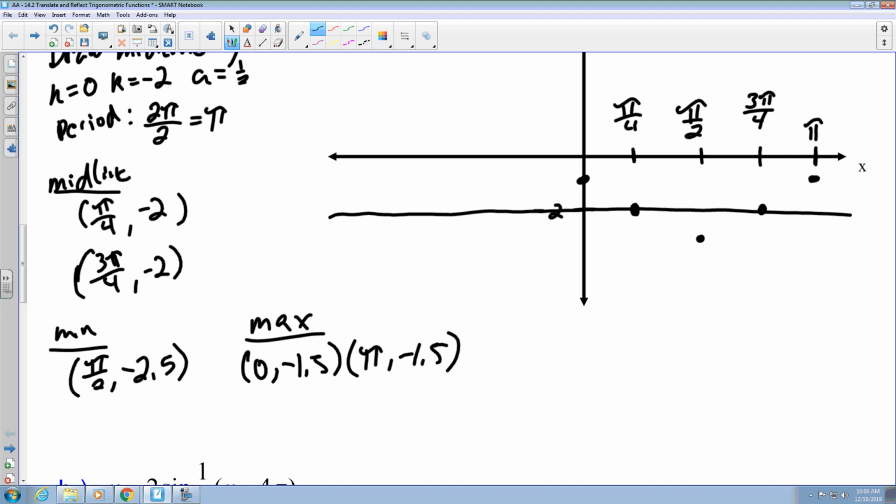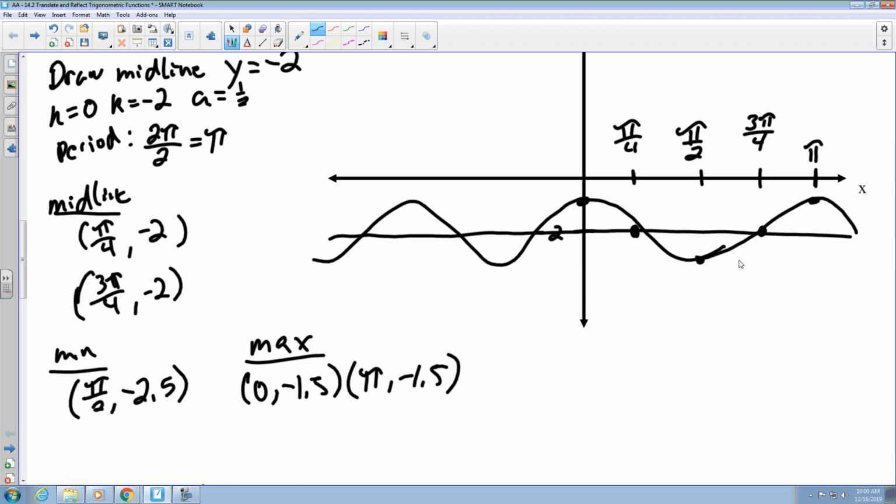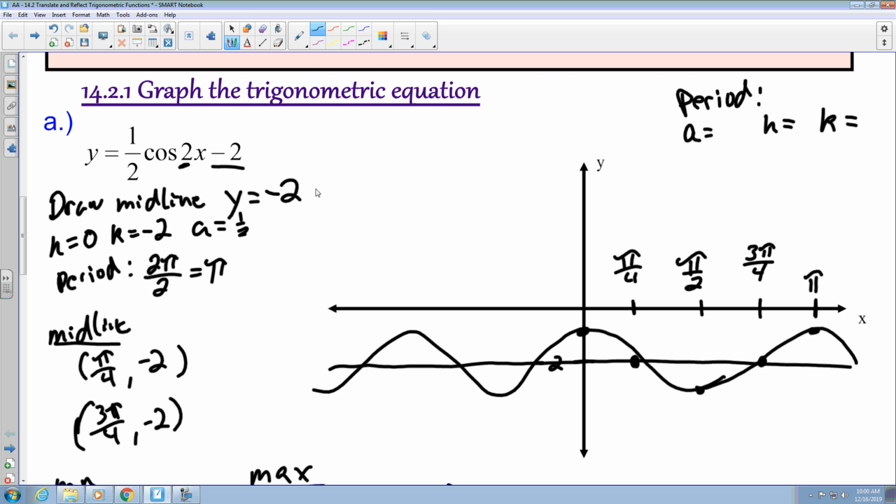So drawing this out, looks like it's going to start going this way, come up to here, and then go here, and then it would just continue on as a continuous trig function. Okay, so that is graphing that particular function.